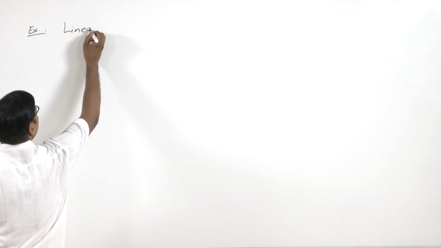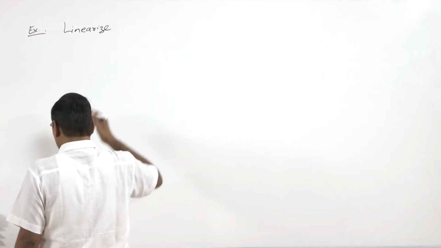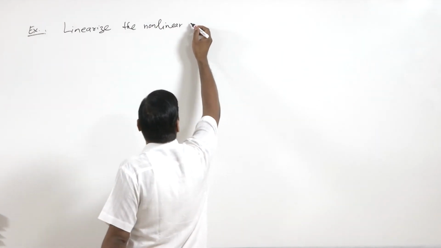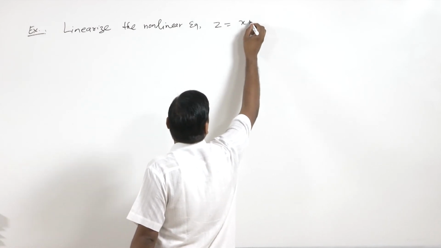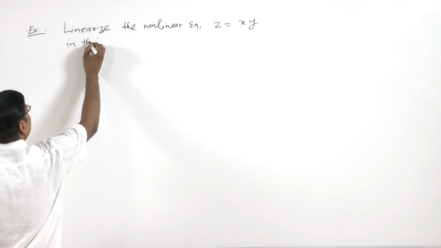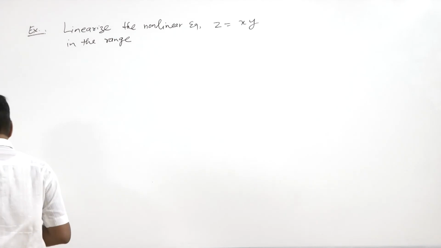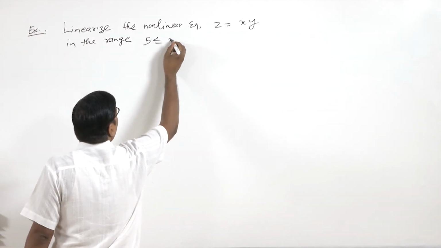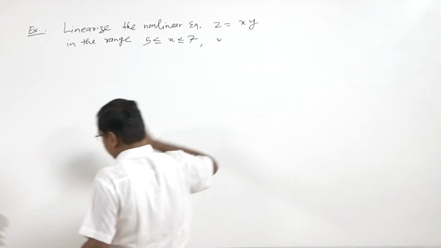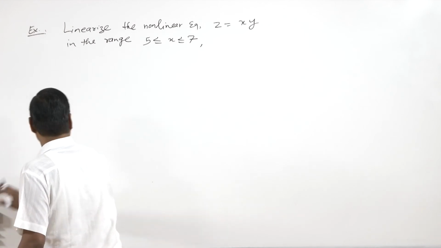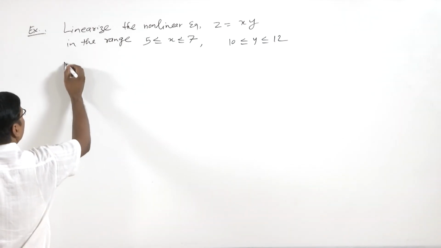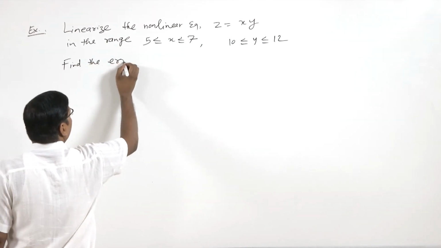So we want to linearize the nonlinear equation or function z equal to xy in the range five less than or equal to x less than or equal to 7 and y, and find the error of linearization.